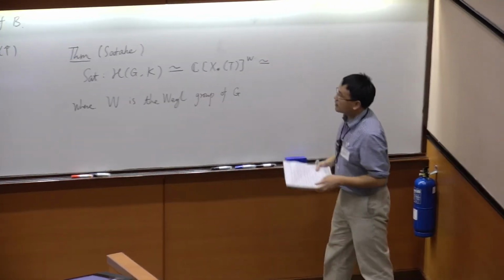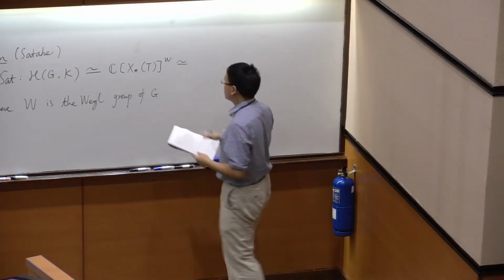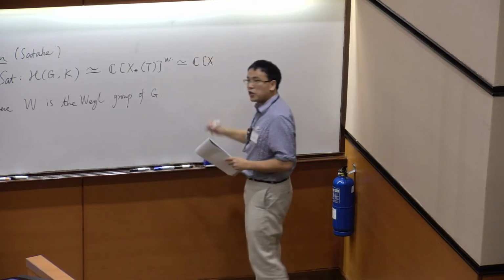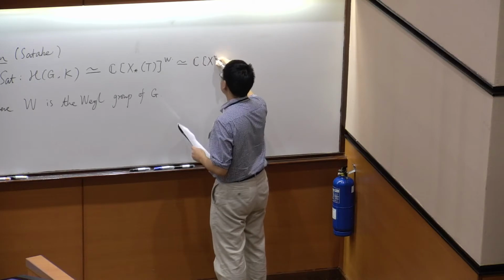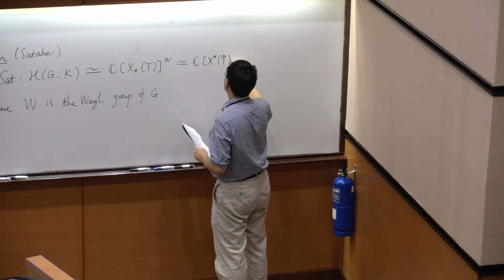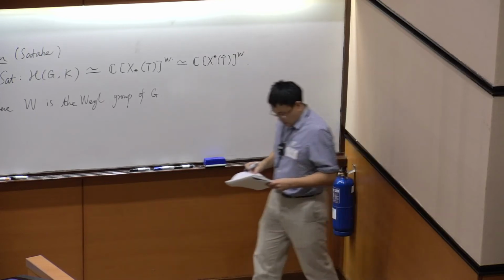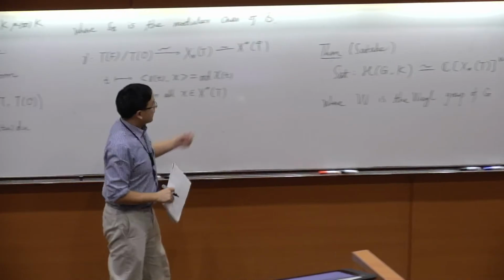And if we identify the co-character to be the character over the dual side, they share the same Weyl group, so I'm going to use the same W here. Okay, so this is the structure of the Hecke algebra.